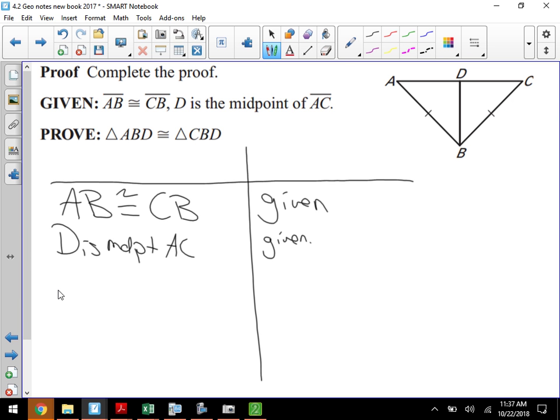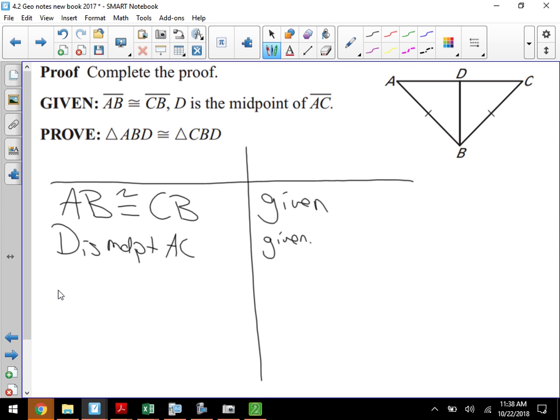All right. What does your progression sheet say to do if you're given a midpoint? What does it say? Segment equals segment. Now, do I want to say equal or do I want to use congruence here, you think? Since there's no segment addition or anything like that with any of these, I'm just going to do congruency.